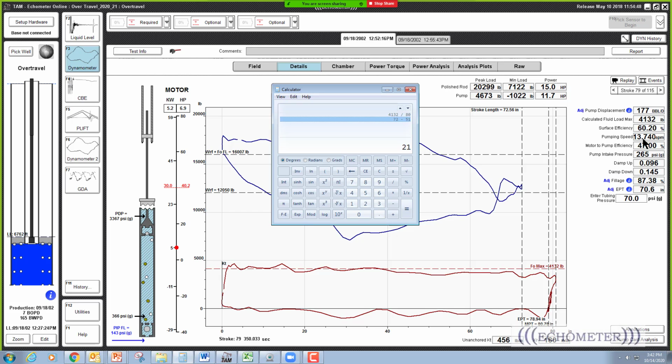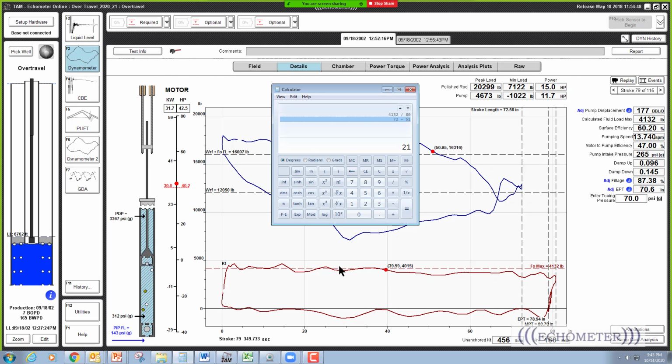Well, they're pumping really fast, 13.7 strokes per minute. And so they're going from 21 inches of stroke to 80 inches of stroke, almost 81. So there's almost 60 inches of over travel in this pump card, not just this distance here.